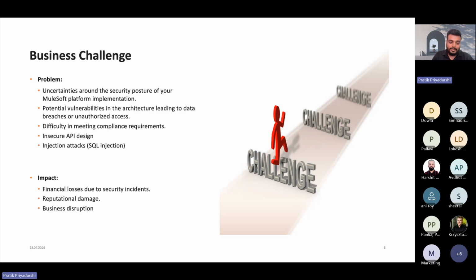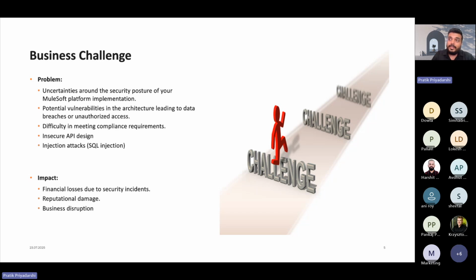We have seen examples of unauthorized access that happens due to design oversights. There are compliance violations due to outdated practices. The business challenges written here on the slide might seem theoretical, but no, they have cost companies millions.